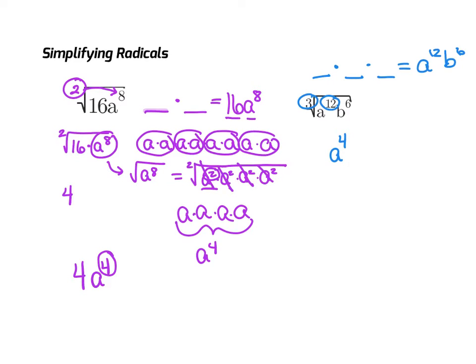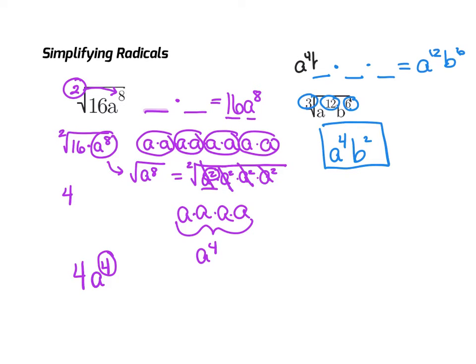So now you're going to do the cube root of b to the 6th. How many times does 3 go into 6 evenly? Or if you have 6 b's, how many groups can I make if I have 3 in a group? You can make 2 of them. And you can feel free to check that.